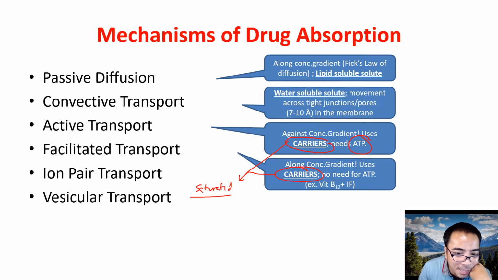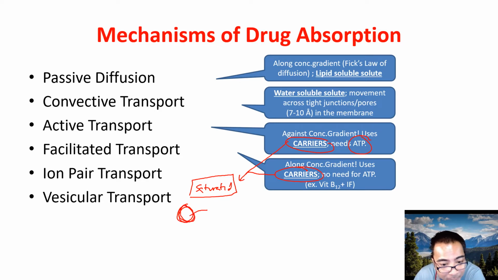How do we define saturation ba? Saturated, ibig sabihin napupuno. Okay? Kasi class, if this is the carrier, ito halimbawa, yung carrier natin, okay, it has a limited capacity. It can only accommodate so many solutes lang.